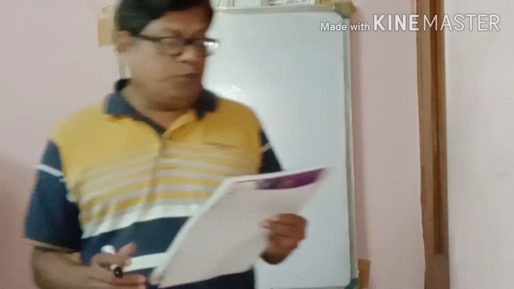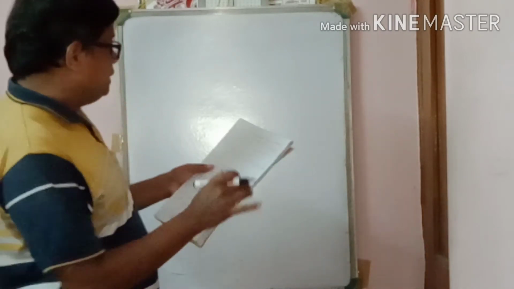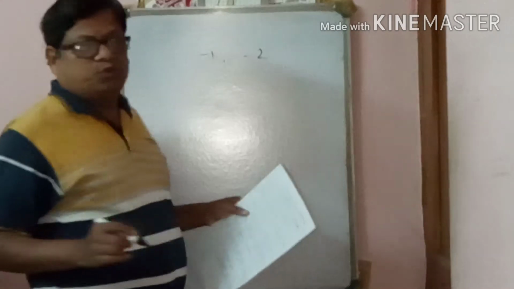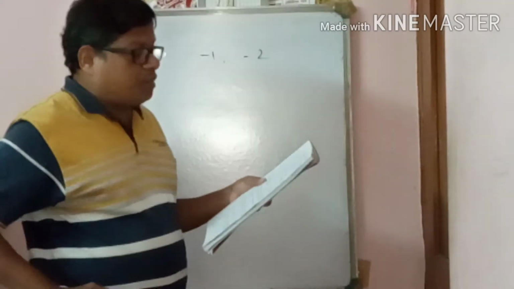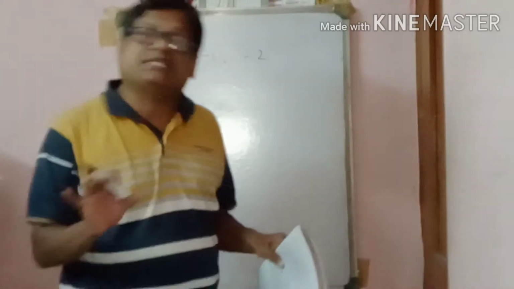First one, a rational number between -1 and -2 is dash. All of you know what the answer is? In between -1 and -2, one rational number is -3/2.